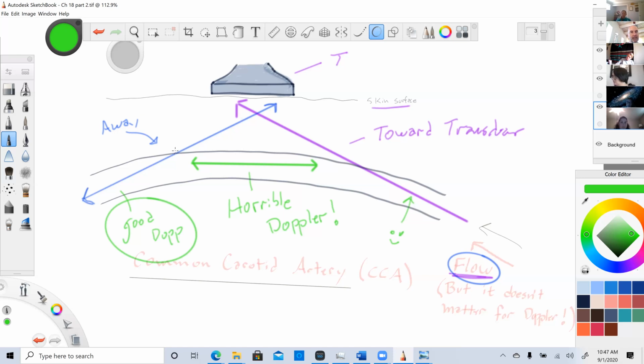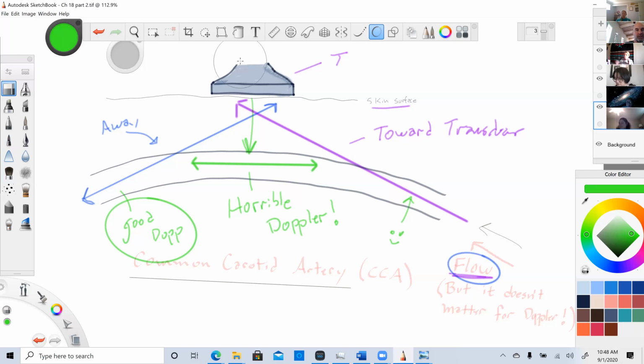He wants to be more or less looking down the road, and they can catch you going towards them or away from them just as easily. We can capture blood flow towards or away just as easily. But if that cop is way off in the field and he's got his gun aimed perpendicular to the road, forget it. He cannot get a Doppler reading. He does not know how fast you're actually traveling.